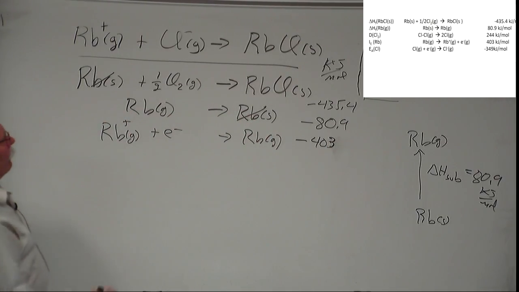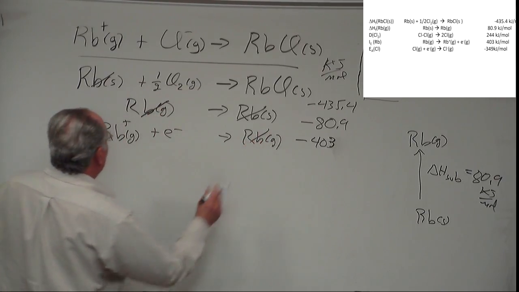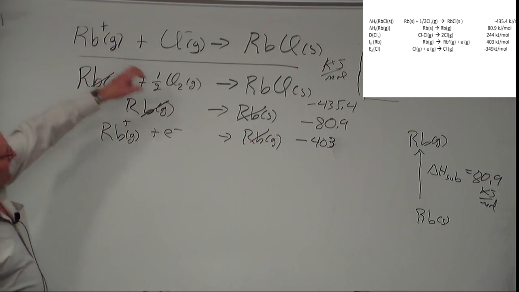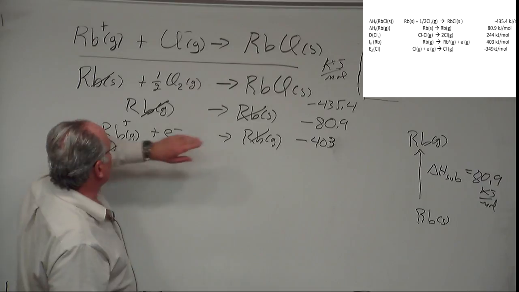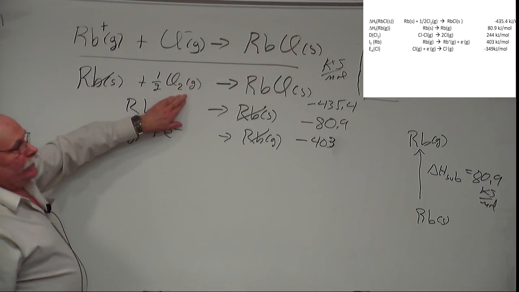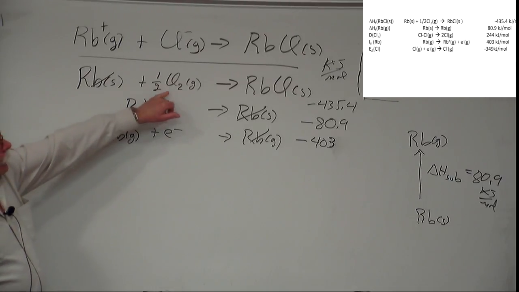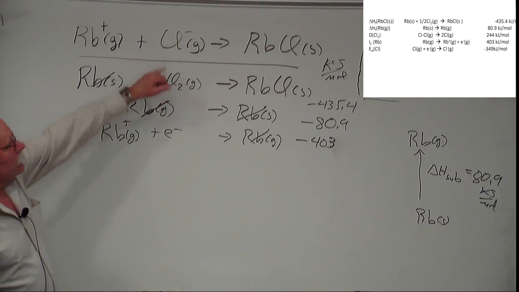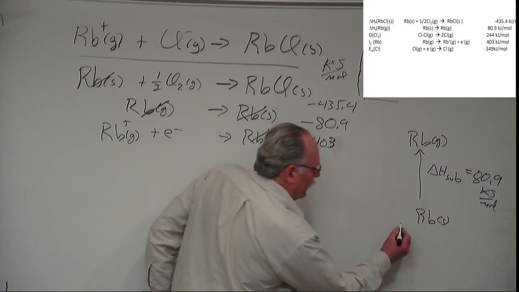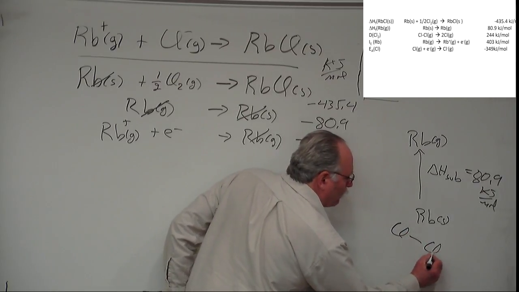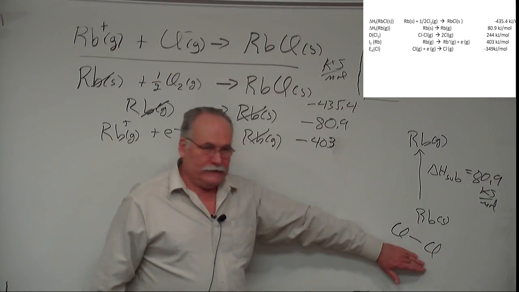Okay, now my rubidium gas cancels, and I have rubidium chloride here, and I have 1/2 Cl2 here, but I need Cl minus. Now how do I go from Cl2 to Cl? Well, I have to break a bond. And if we look at chlorine, there's only one bond in it. It's a diatomic.